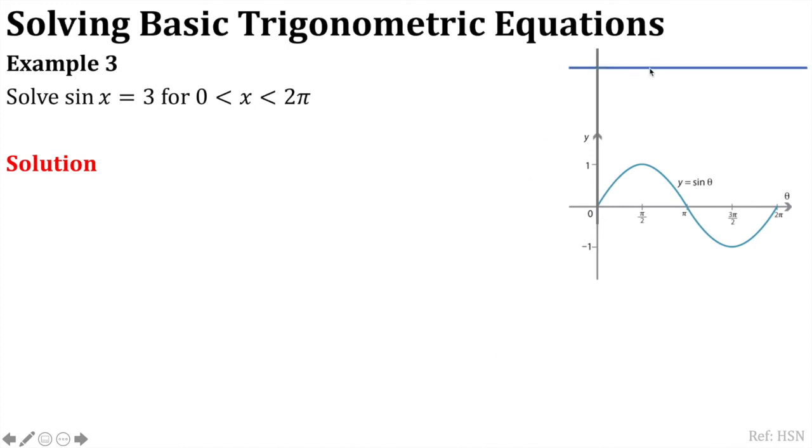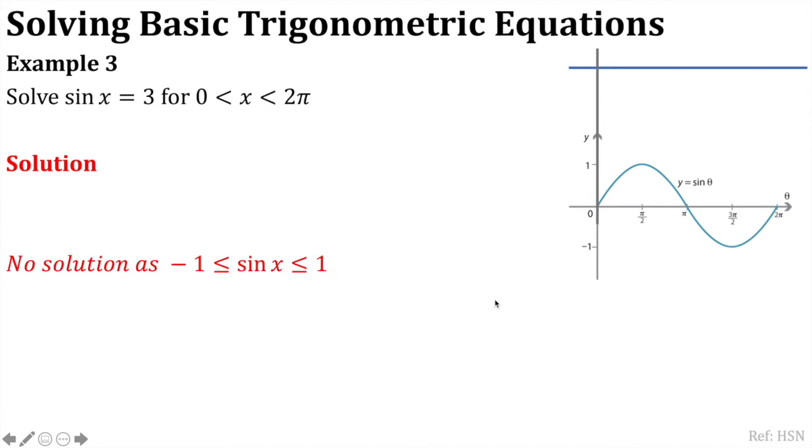So that's the line y equals 3 here, and we want to see where that line cuts the sine curve. And you can see that that actually doesn't happen, because the range of y equals sine x, or sine theta, like I've said, is between -1 and 1.